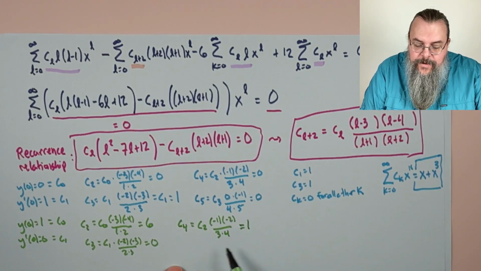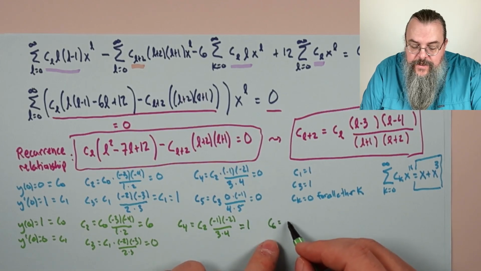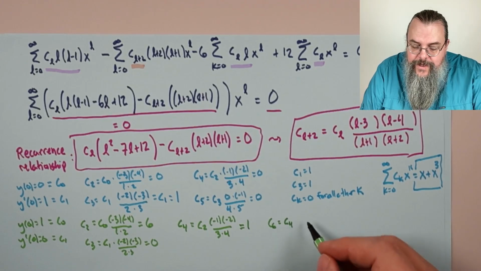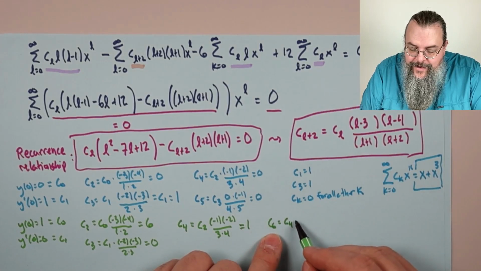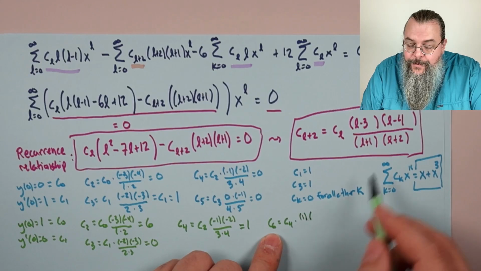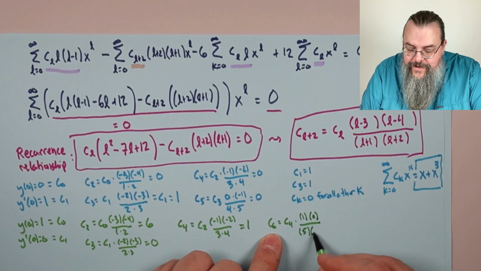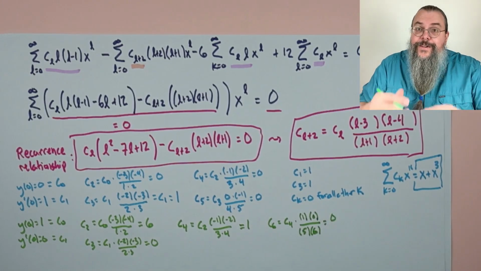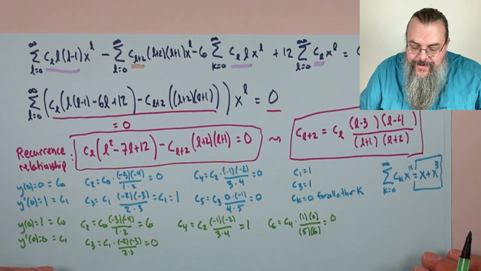Now, what about c_6? Well, because we already talked about the odds being 0, c_6 is from c_4. Now, that would be l equals 4. So that's times 4 minus 3 is 1. 4 minus 4, 0. And downstairs, 5 and 6, but we see 0. And now, again, c_8 will be 0. c_10 will be 0. All the rest are 0.